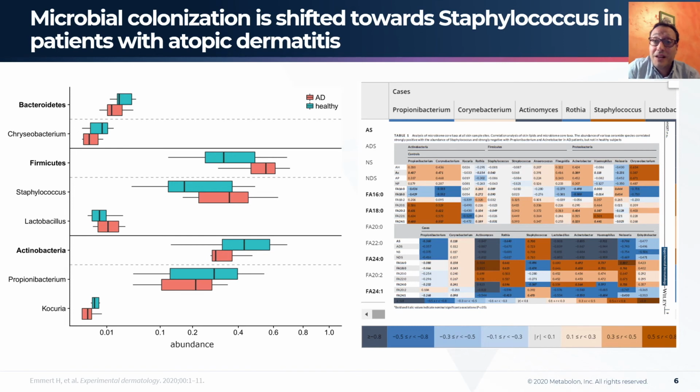The short-chain free fatty acids, FA16O and FA18O, were also negatively correlated with Staphylococcus in atopic dermatitis patients, thus showing both a negative correlation with Staphylococcus in atopic dermatitis and a positive correlation with bacterial genera other than Staphylococcus in healthy volunteers.